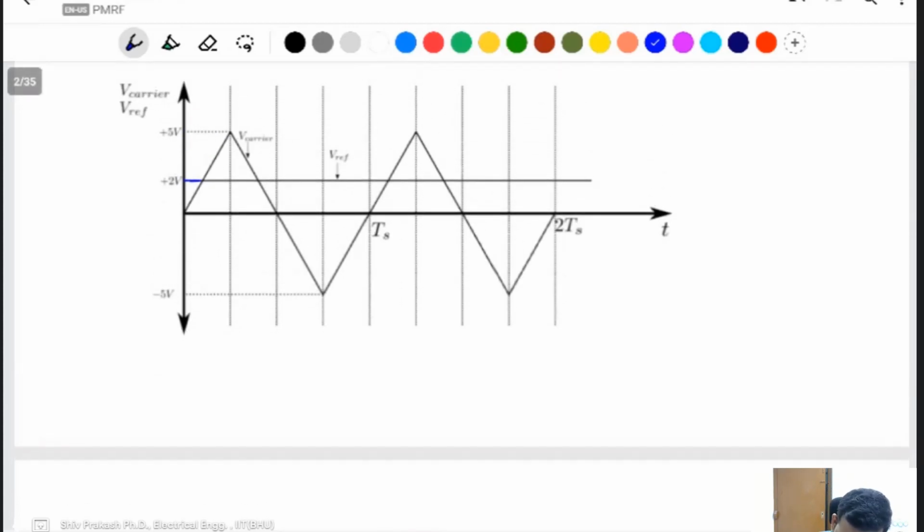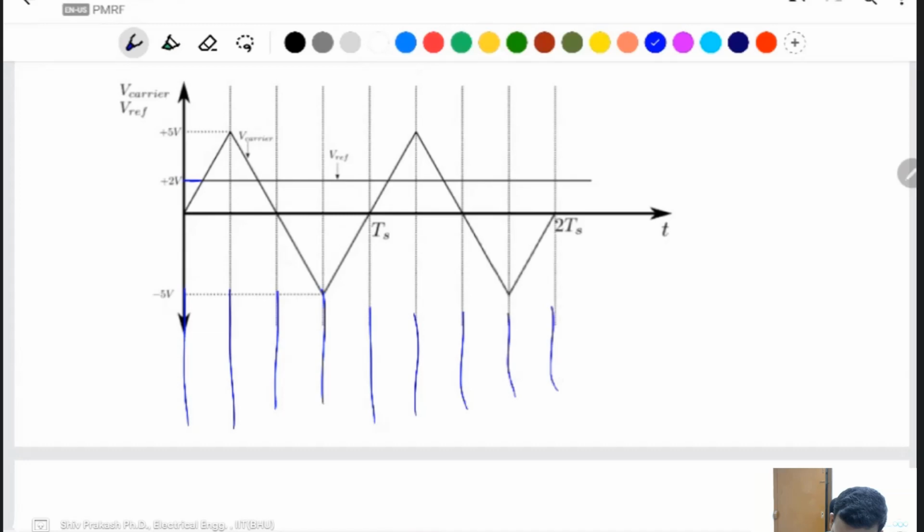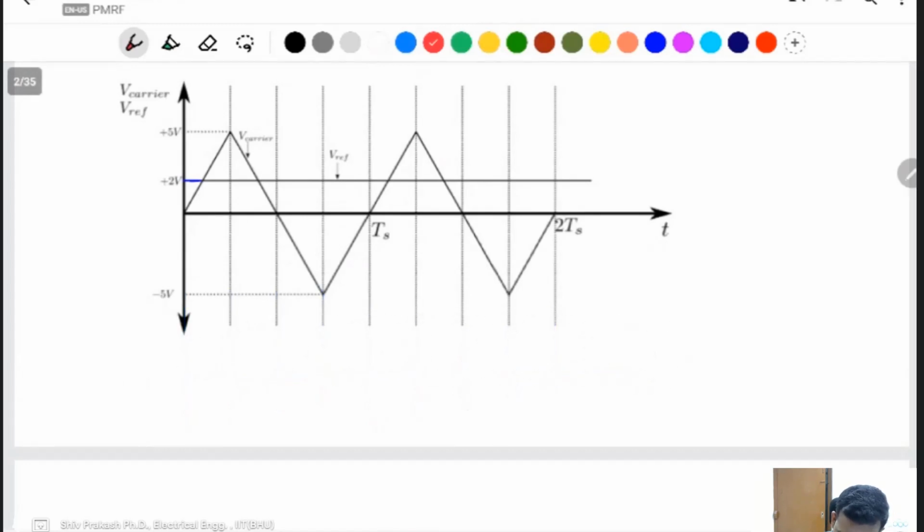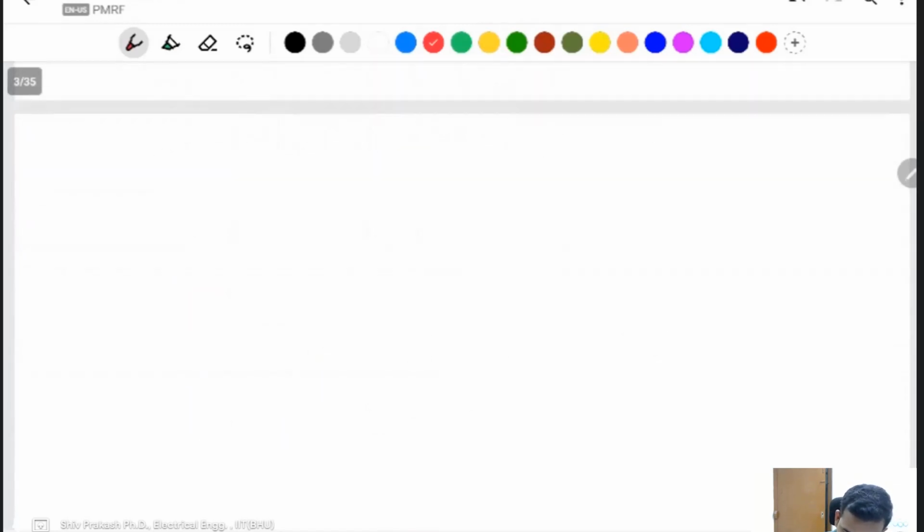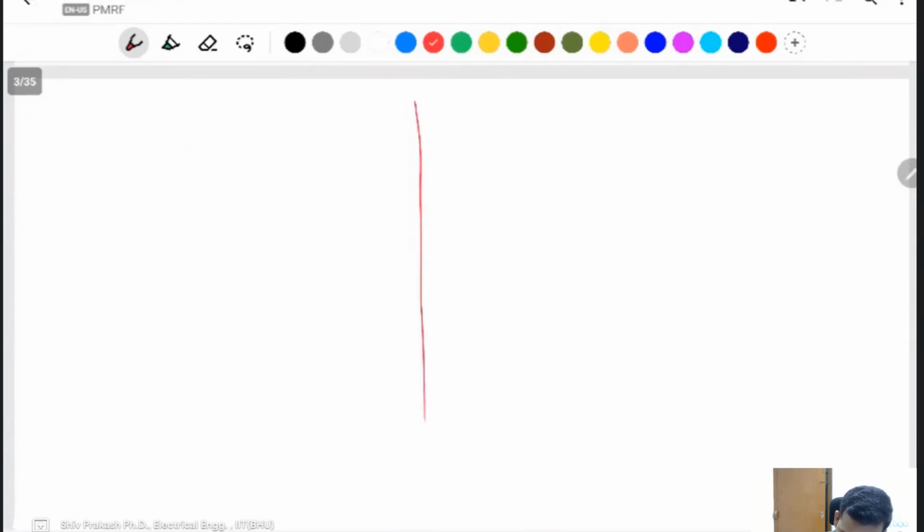Let me draw a circuit to explain it. Draw the first one.